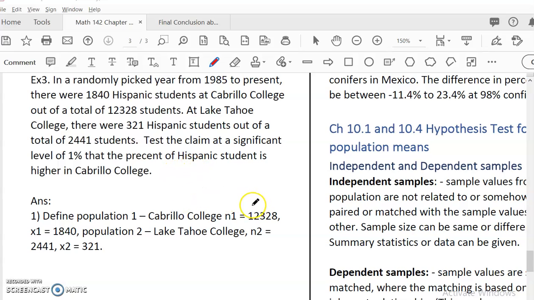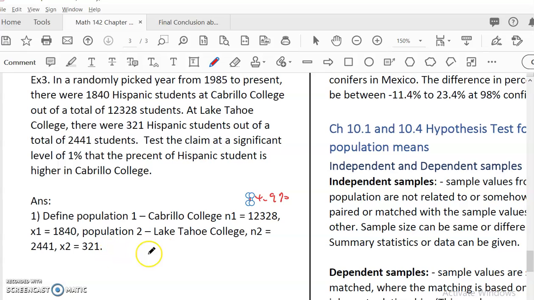So 12,328, and there's 1840. If I divide 1840 by 12328, I get 14.9%. And then for Lake Tahoe College, it's 321 divided by 2441, right?